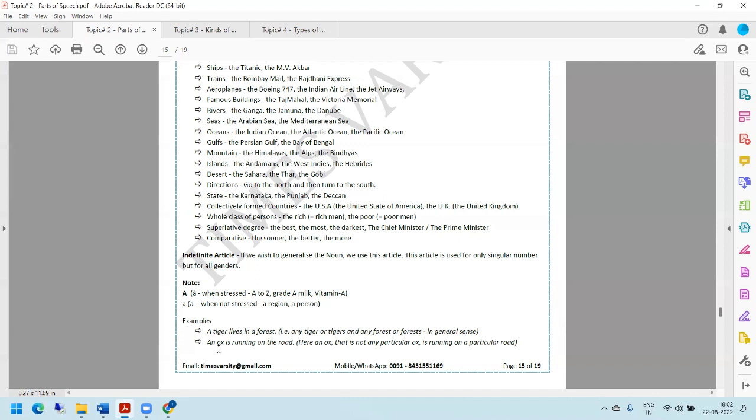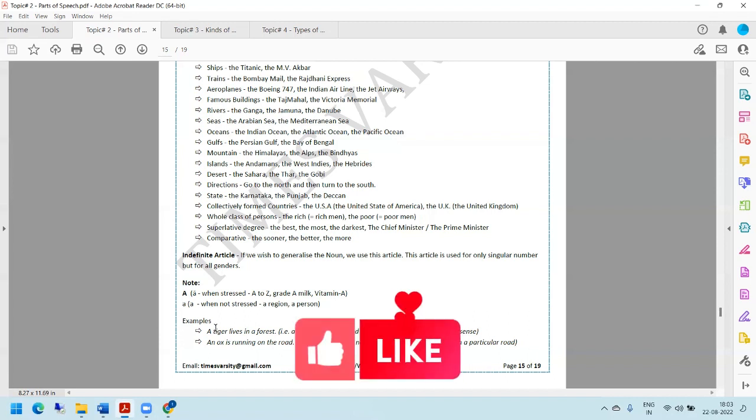Similarly, an ox is running on the road. So here we have a or an. These two are indefinite articles. A is used when the sound of a noun starts with a consonant.